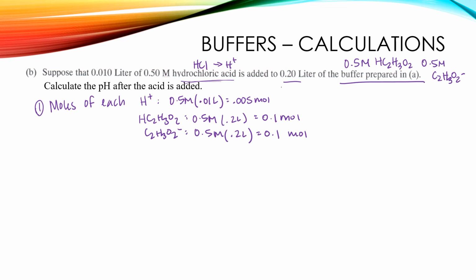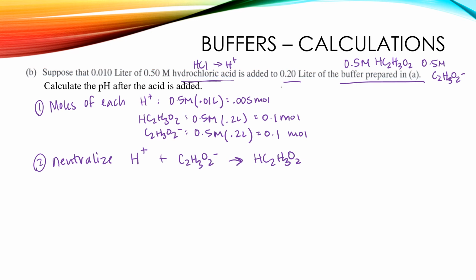So now I got to neutralize, because that's what buffers do. We added this little bit of H plus and we need to neutralize that. So what reaction is going to occur? The hydrogen is going to react with the acetate ion because it is the base in that buffer to form acetic acid.